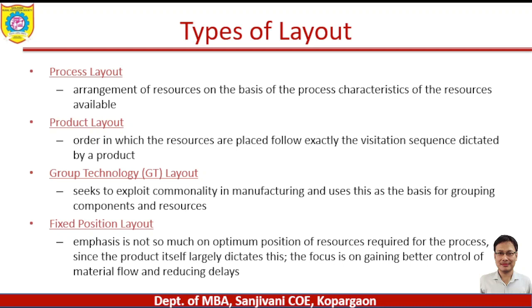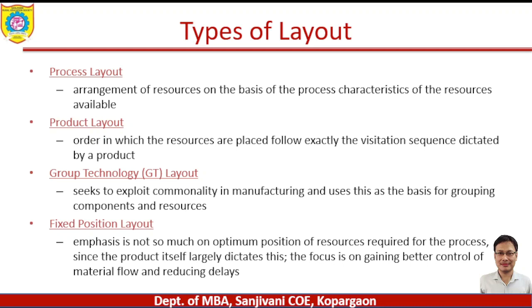In a process layout, the floor plan is arranged with similar processes or machines located together. For example, in a machine shop, mills are located together, lathes are again located together, painting shops together, and so on and so forth.